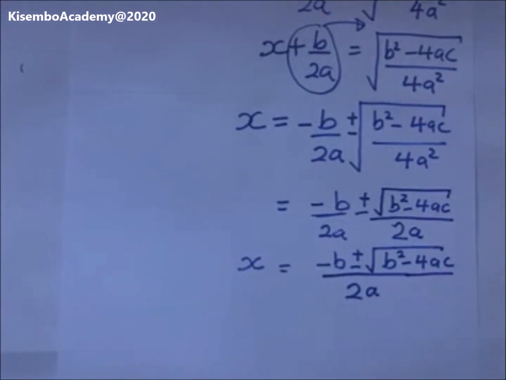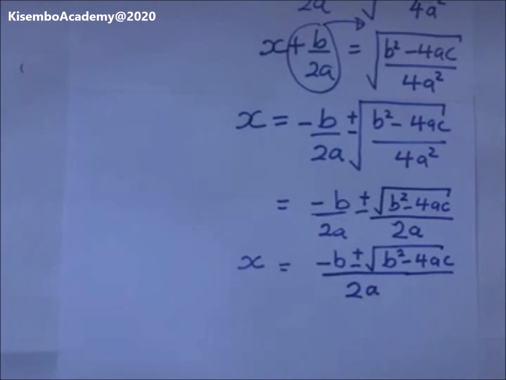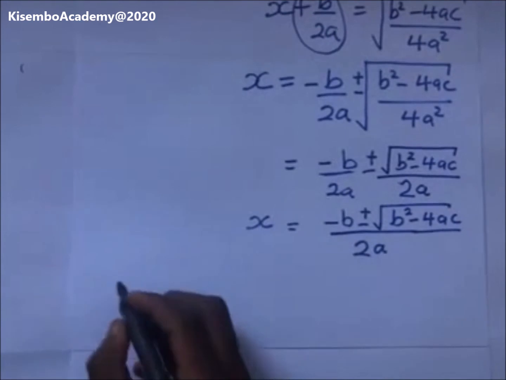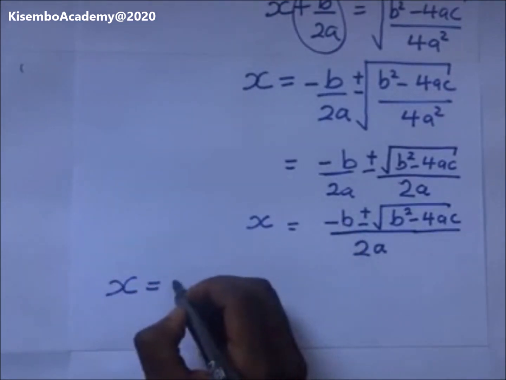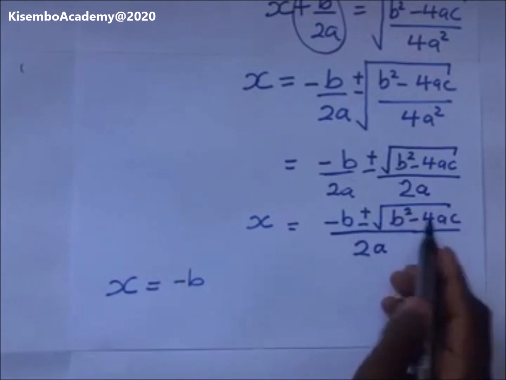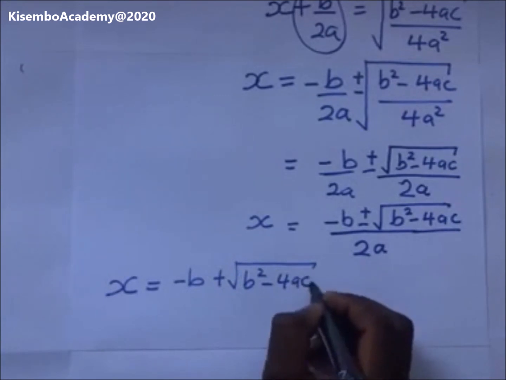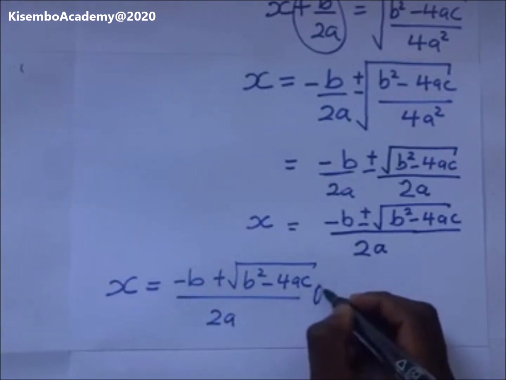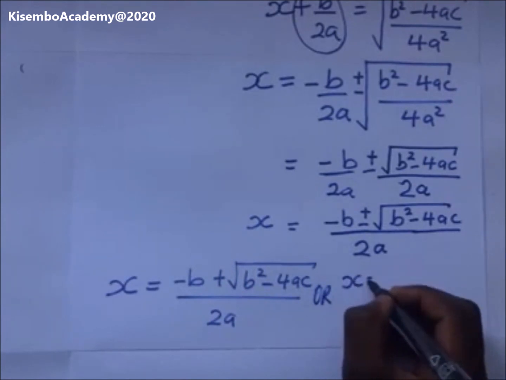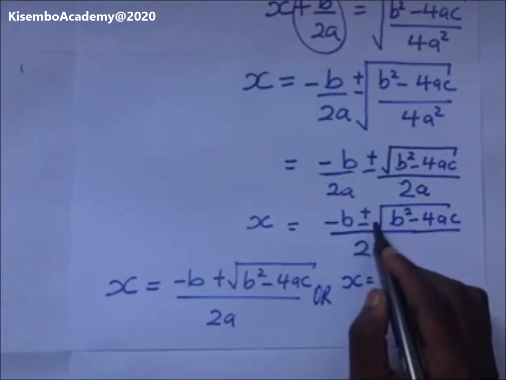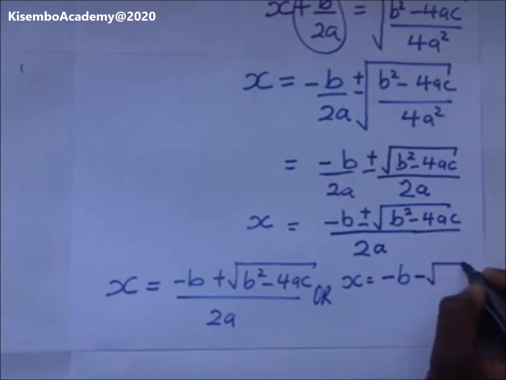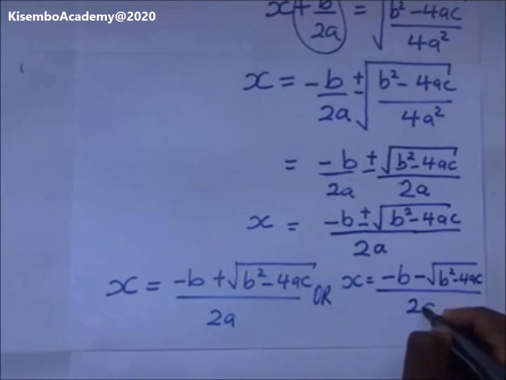So it means that according to this quadratic formula of ours, when we are solving quadratic equations, we always have two solutions. Our value of x will either be negative b plus the square root of b squared minus 4ac over 2a, or our value of x will be negative b minus the square root of b squared minus 4ac, divide all that by 2a.